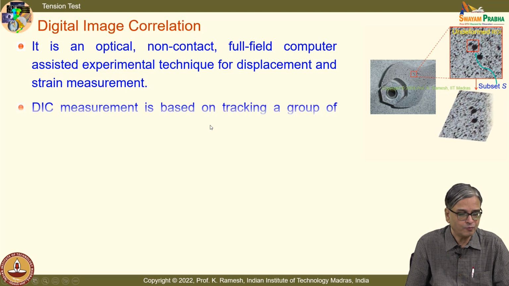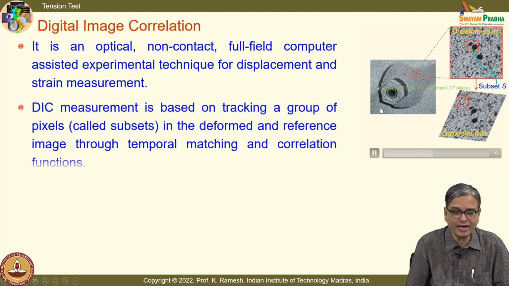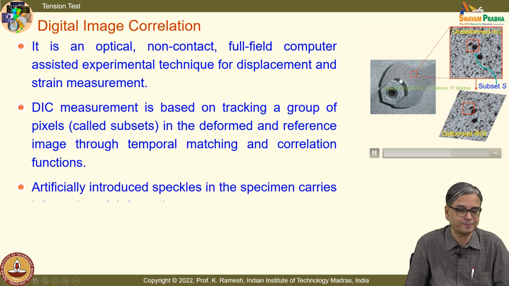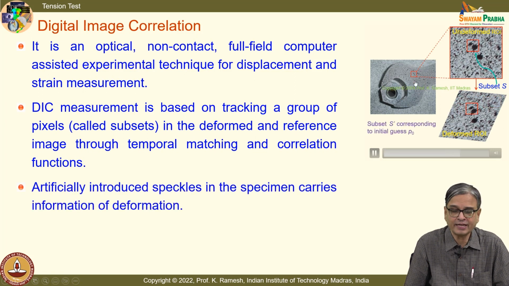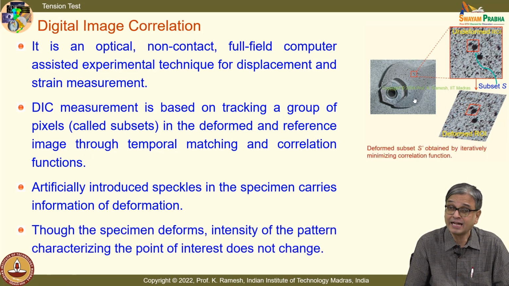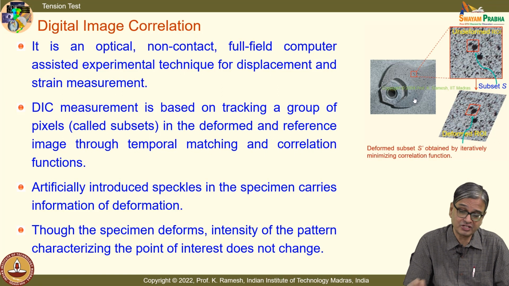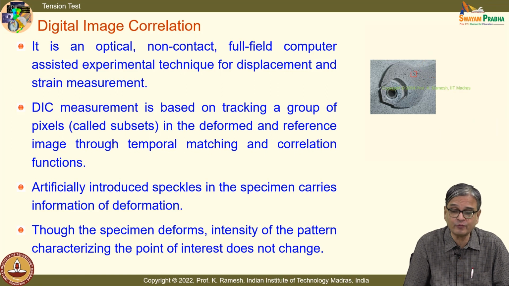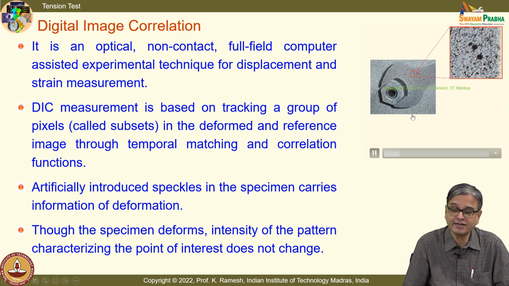And what you have is you have to spray the specimen with speckles. You actually have a white background, on that you spray black dots. That requires skill. See, the measurement accuracy depends on how well you have generated the speckle. They should be sufficiently random.